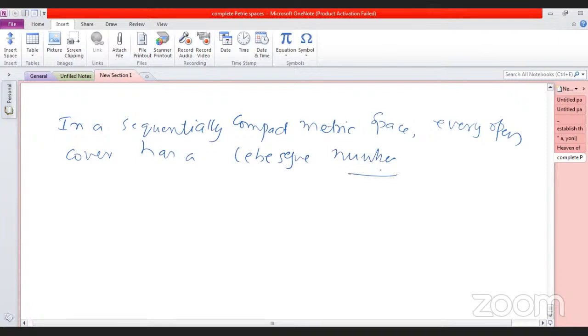Already I told you repeatedly, let X be a sequentially compact metric space and G alpha for alpha in I an open cover. If X does not contain a big set, then every positive number is a Lebesgue number for the given open cover.